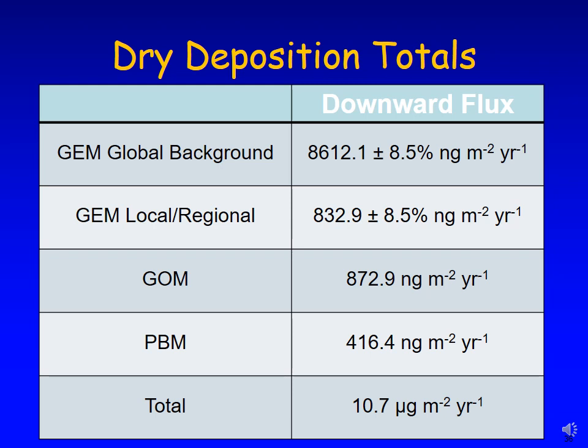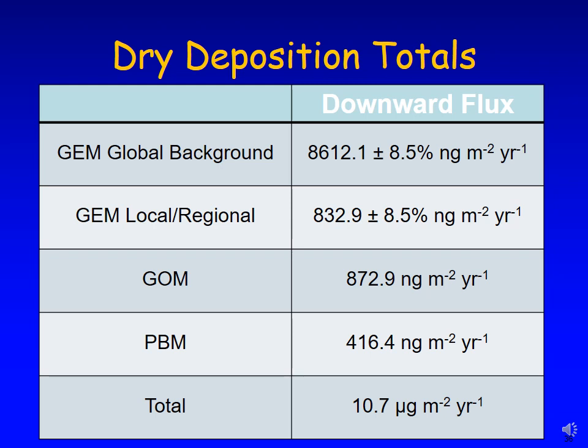What you can see here, with dry deposition in the bottom totals, is the estimated downward flux of mercury. The dry deposition of mercury from the global background is 8,612 nanograms, and the red is local and regional sources.